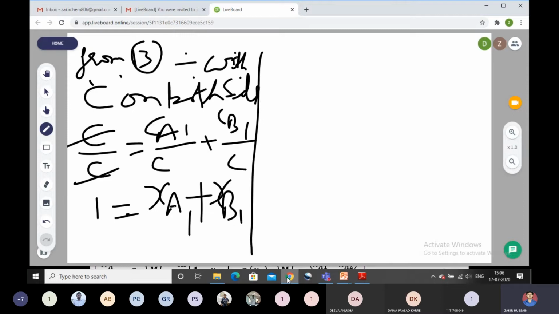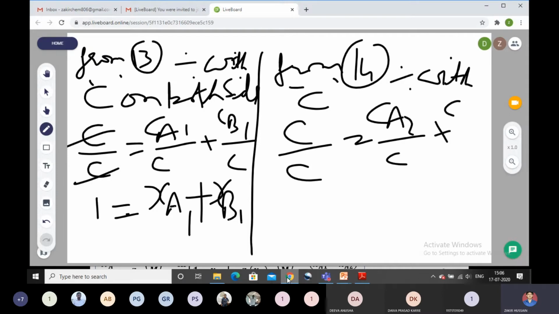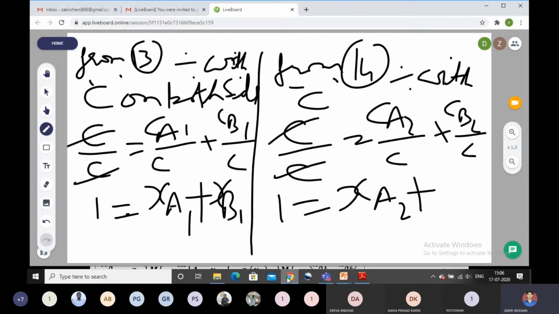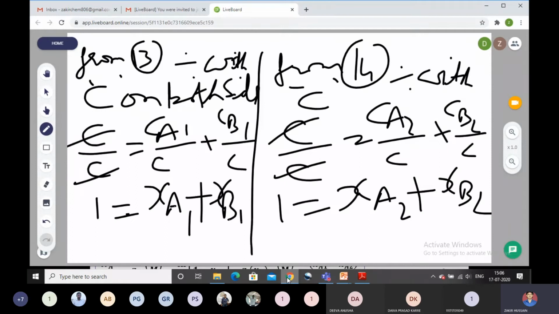Similarly, from equation 14, divide with C on both sides. Same operation: C by C is equal to Ca2 by C plus Cb2 by C, which is equal to XA2 plus XB2.